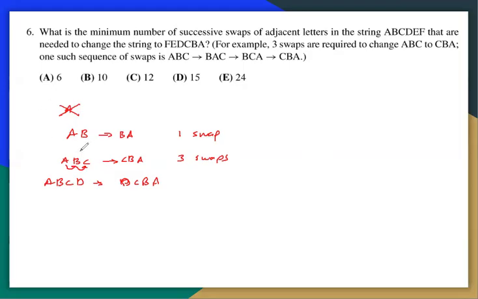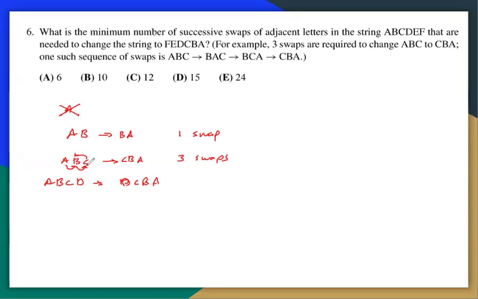The same thing when you move C this way and this way. But of those moves, when you move this C right here, you swap something, but you don't want to swap B because B is going to be in the middle. And then you're going to move this 1 more time. That looks like C is moving twice and A is moving twice, but one of those swaps is actually identical.